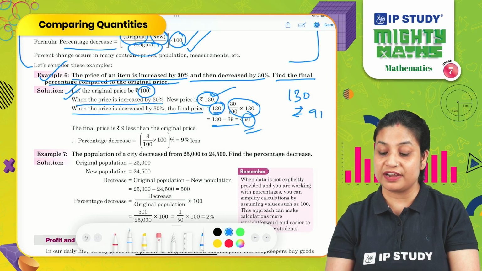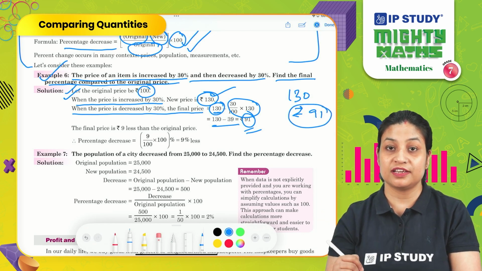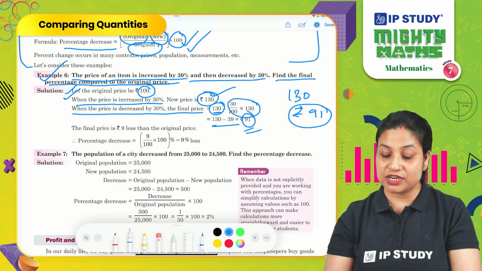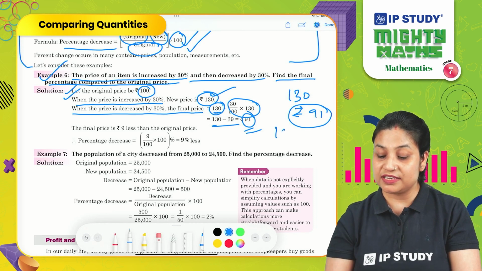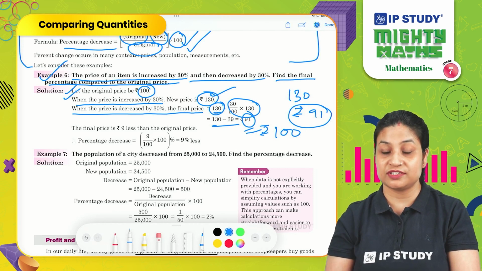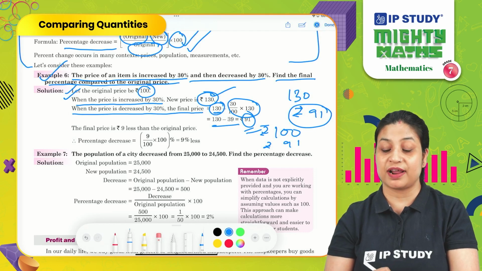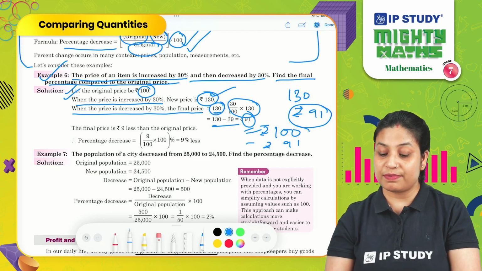So it means the final price is 91 after getting 30% increase and 30% decrease on that item. Initially, the value of my item was 100 rupees, and after these two increase and decrease percentages, I got rupees 91 as my final price.